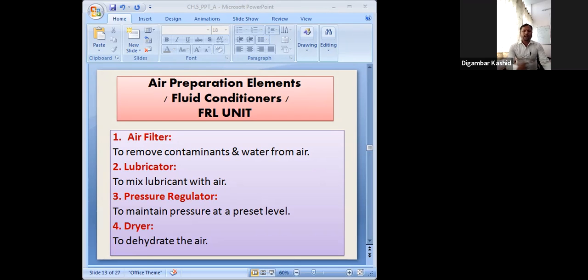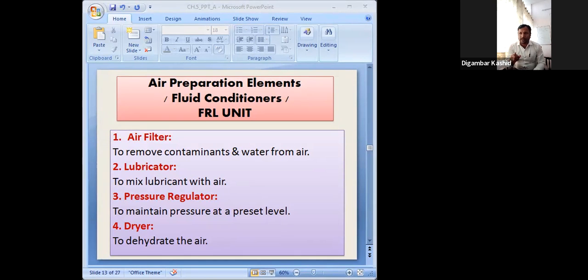Now I will start with a small basic question: what is the need or purpose of this air preparation element? As we know, atmospheric air is the inlet for the compressor.